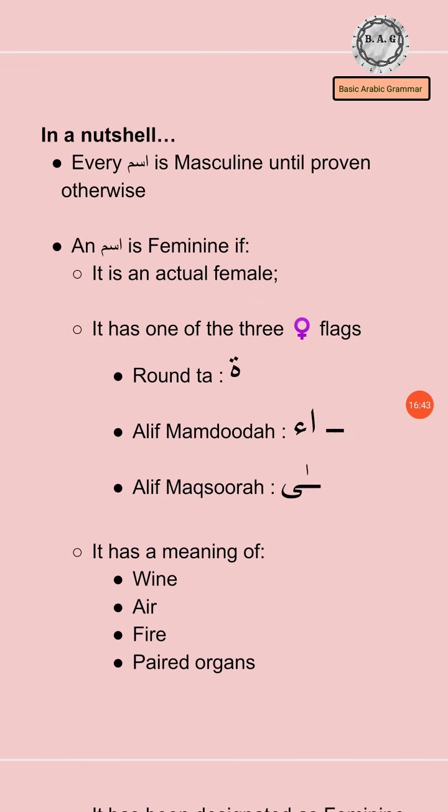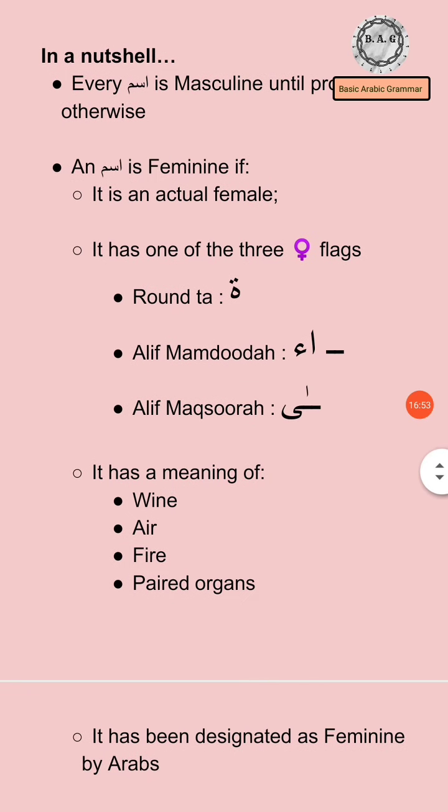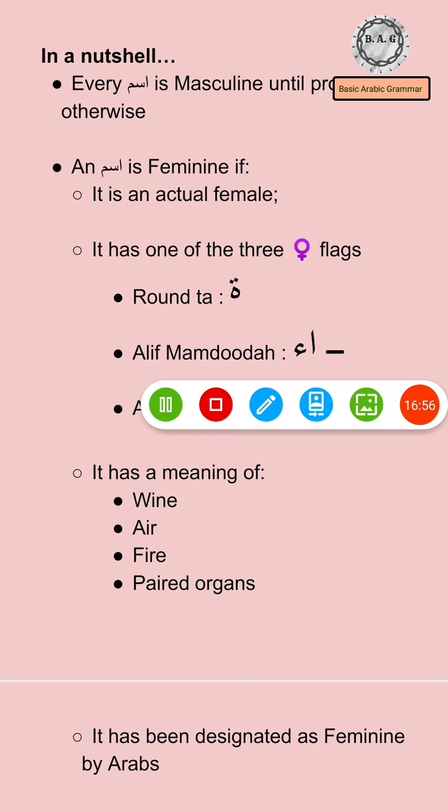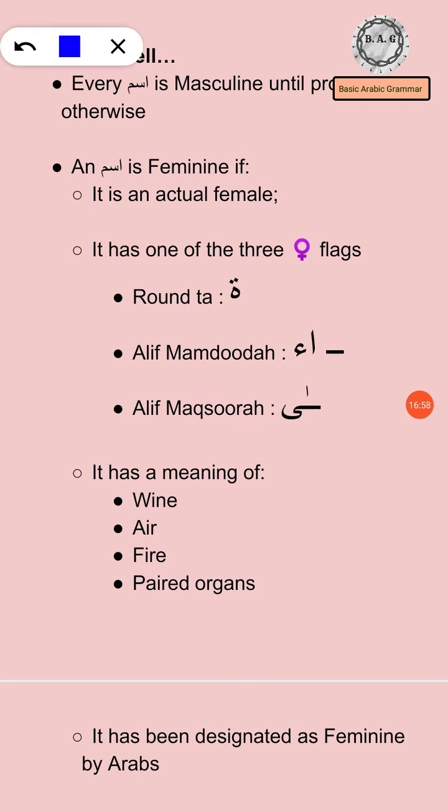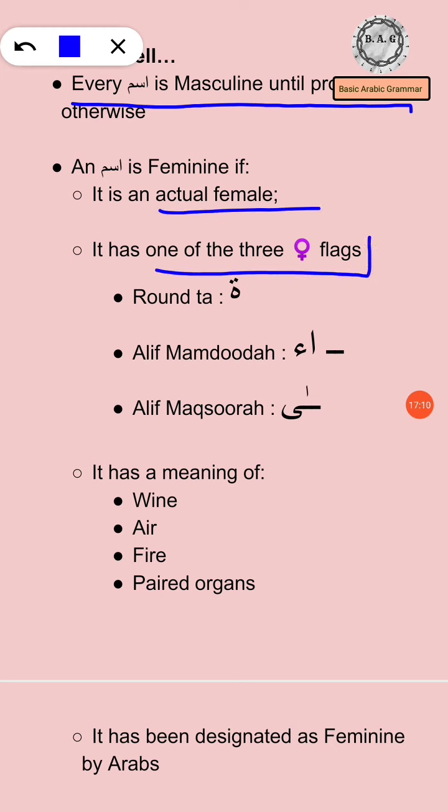Okay, and our lesson has finished. So in a nutshell, if you are not a pictures person, okay, if you like text, then let's just go through it again quickly. So in a nutshell, every ism is masculine until proven otherwise. And secondly, an ism is feminine if it is either an actual female or it has one of the three feminine flags that include the ta marbuta or the alif mamduda or alif maksura.